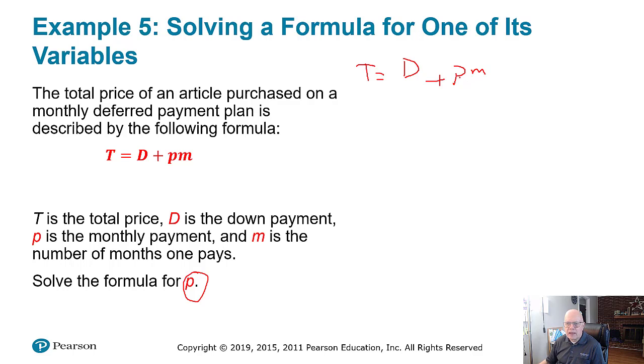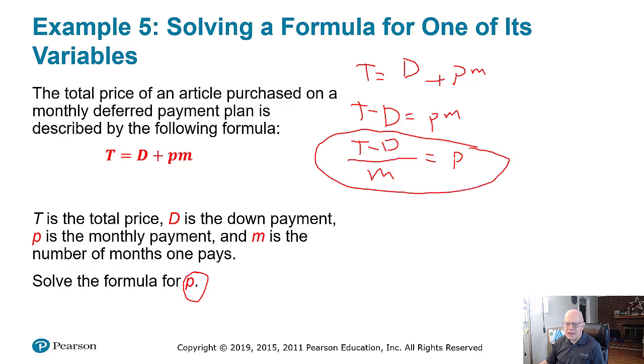Now I want to solve for P, so I need to get rid of the D. So T minus D equals, once I subtract the D, I'm left with PM on the right hand side, but I want P, so I'll divide both sides by M. So on the left side I'll have T minus D over M equals, and when I divide that by M, I end up with P. That's exactly what I wanted. P equals T minus D all over M.